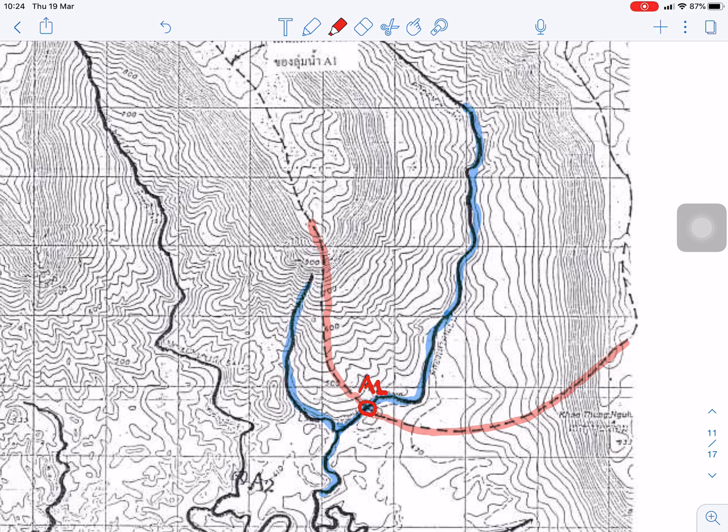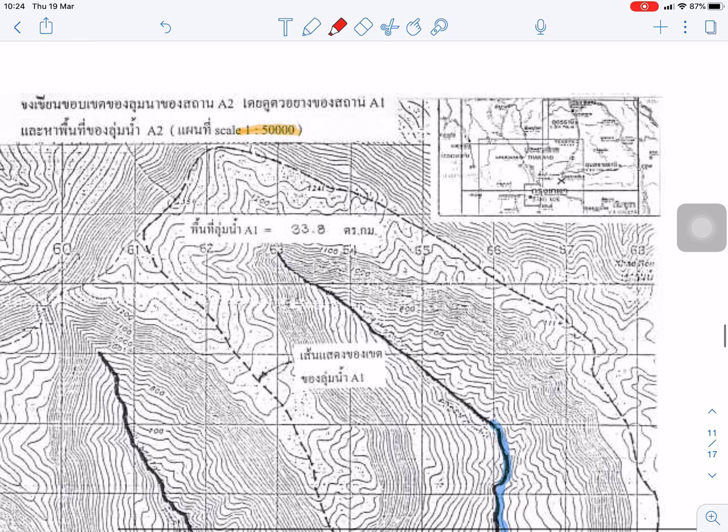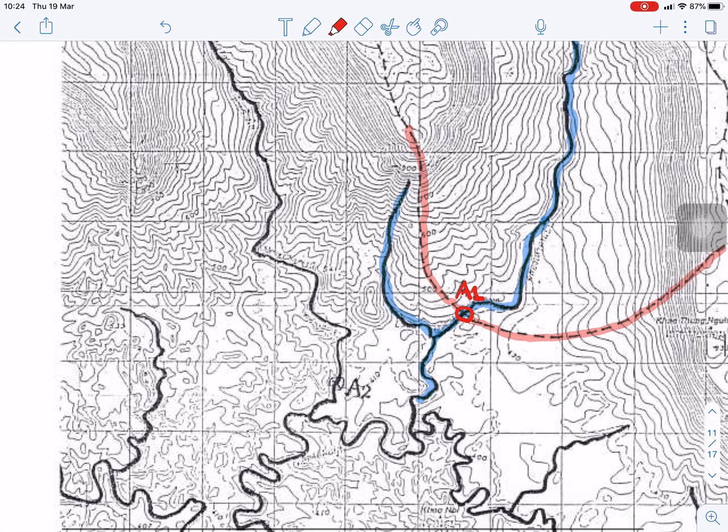It means the rainfall will fall on this area and flow out at A1. So the catchment area is about 34 square kilometers for catchment A1. Okay, you can practice drawing the catchment boundary for A2.